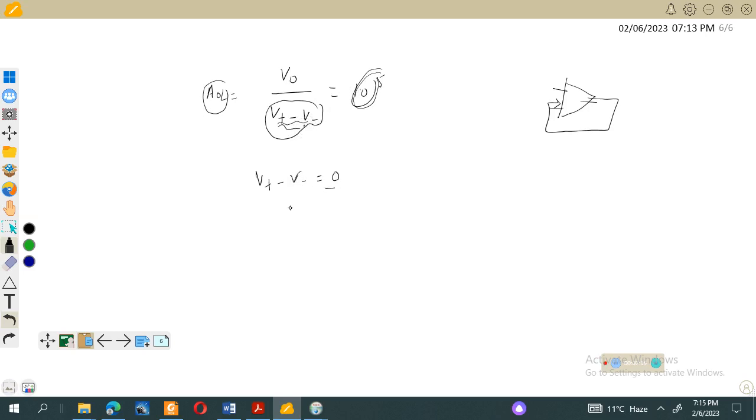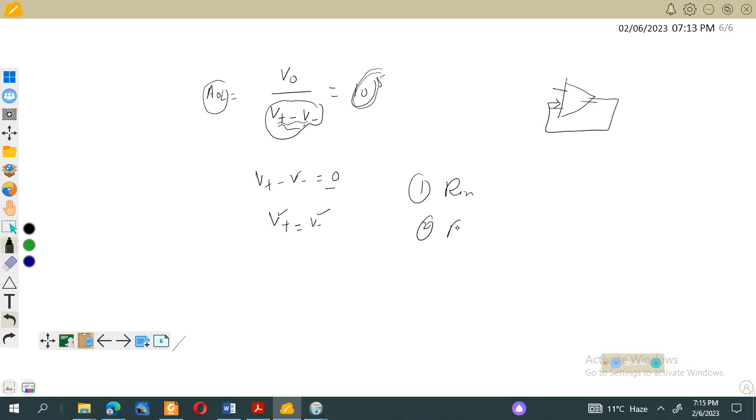So V plus is equal to V minus. It means for an ideal operational amplifier, the potentials of the inverting and non-inverting terminals are equal. This is the third condition of the ideal operational amplifier. So we have discussed three conditions. The first is that input resistance should be very high.